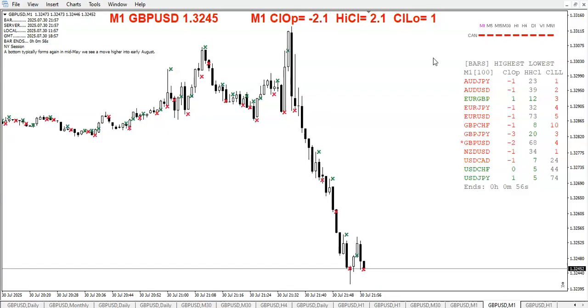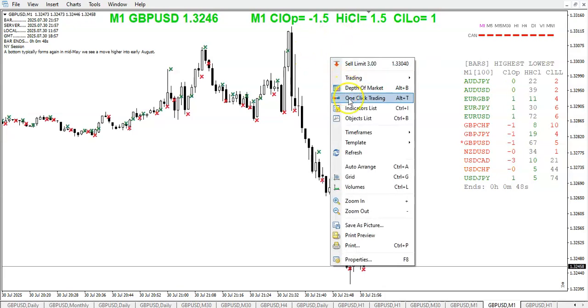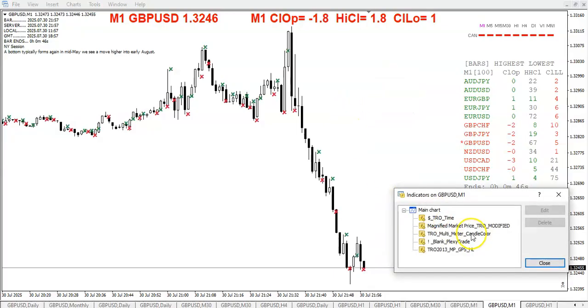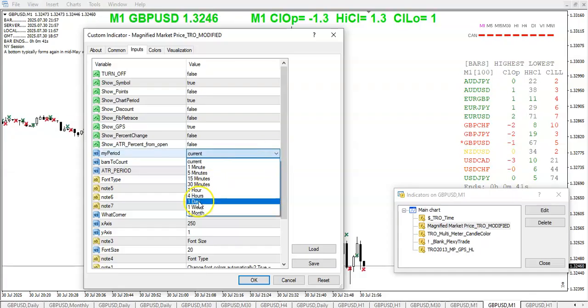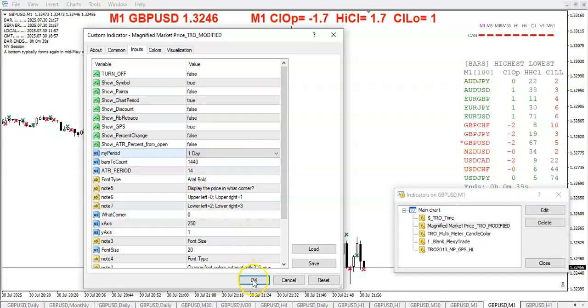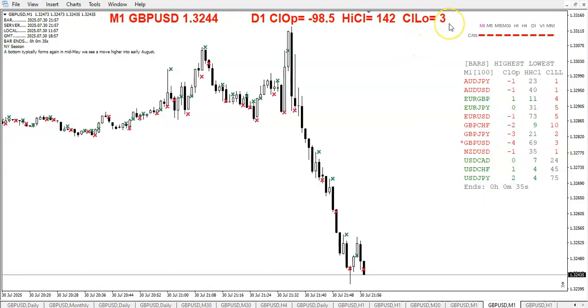And there you just got another reversal signal to the downside. I would not take that one, because I just noticed something on this chart. The magnified market price is set to current, and I usually like to have it set to daily. So you can see here 4 pips, now 3 pips, 2 pips off that current daily low.